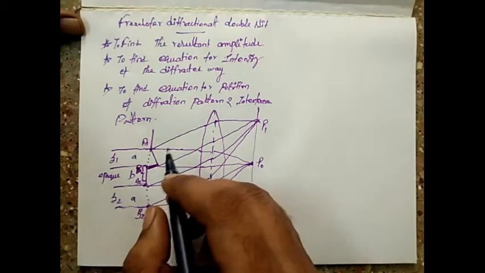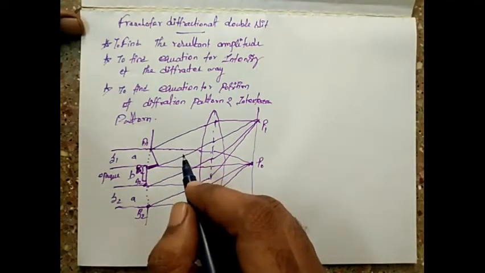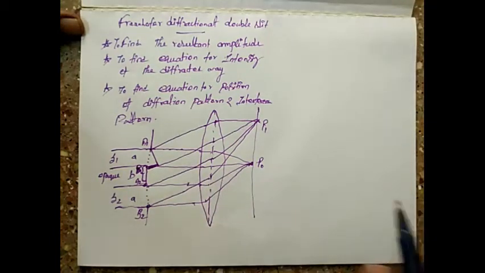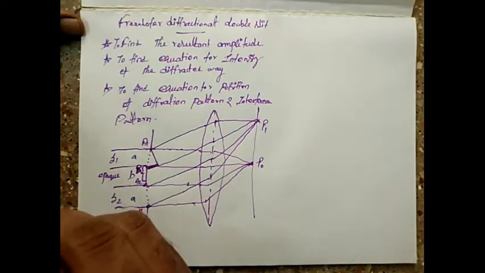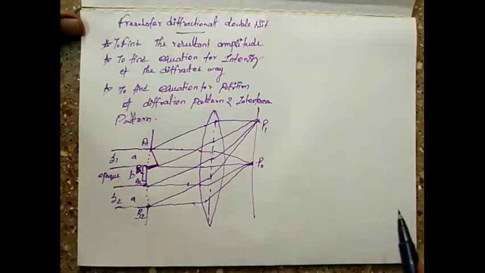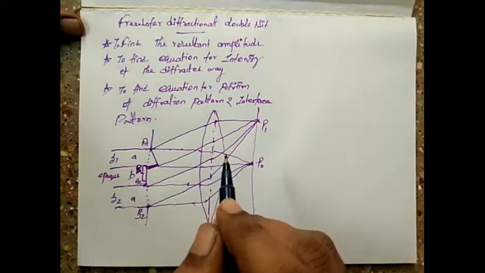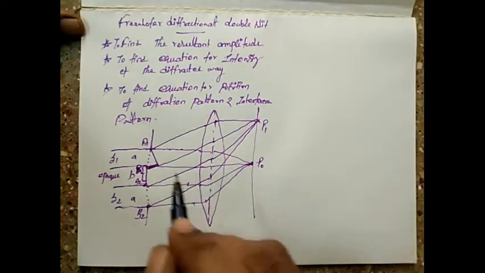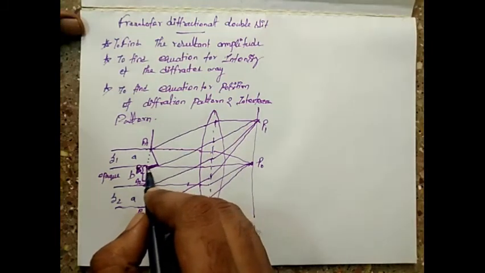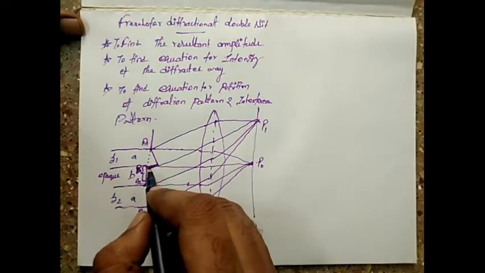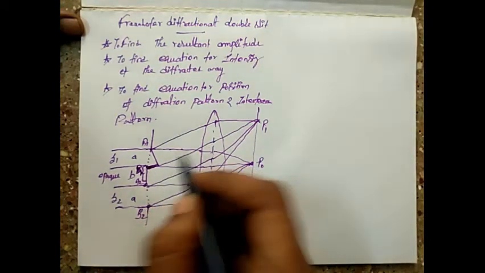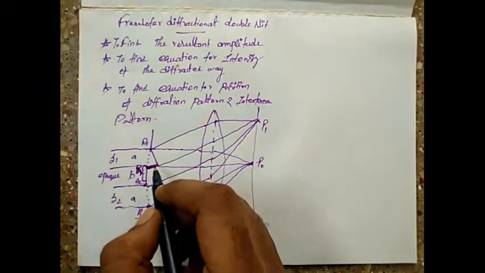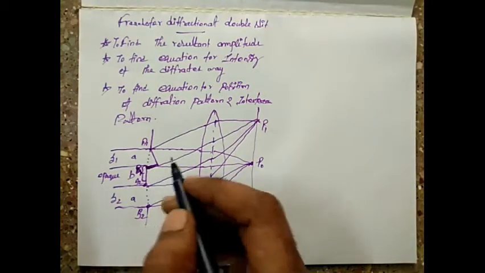For example, in our classroom, girls are sitting near the entrance and boys are sitting away from it. If a boy wants to leave the class, he has to travel an extra distance to reach the entrance than the girl. Similarly here, the photon emerging from B1 travels an extra distance than that from A1. This is called the path difference.